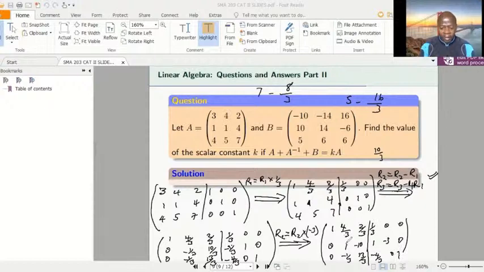Now, having created this one, I want to use it to get a 0 in row 1. So the new row 1 can be achieved by the original row 1 minus 4 out of 3 of row 2. And I also need row 3 to get a 0 here.